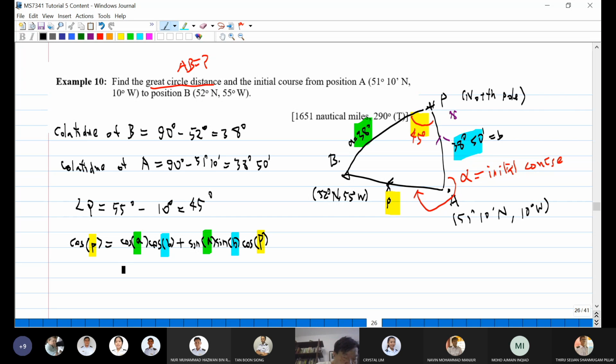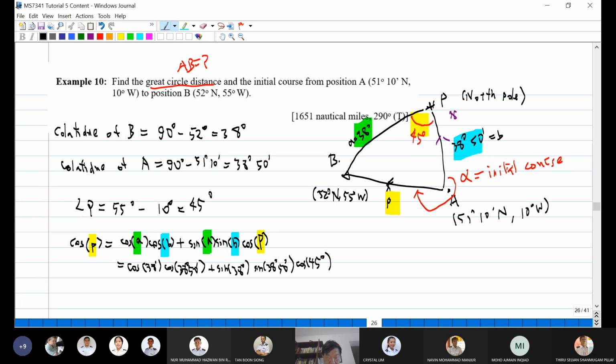So put in the numbers. So cosine of 38 degrees, cosine of 38 degrees 50 minutes, then sine of 38 degrees, sine of 38 degrees 50 minutes here, then cosine angle 45 degrees. So this time you get a number.